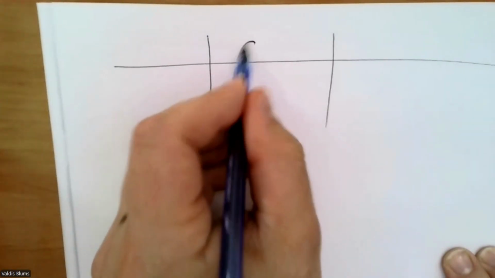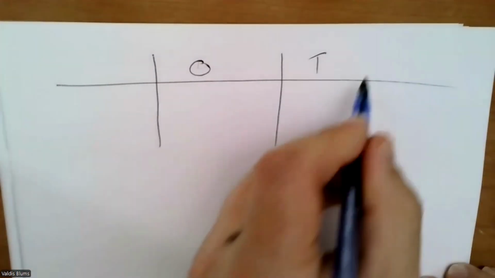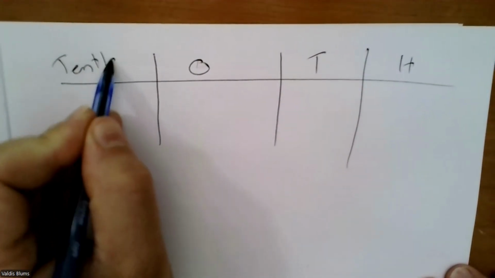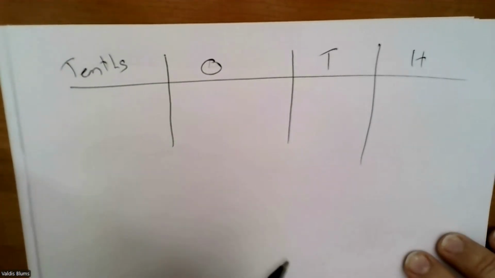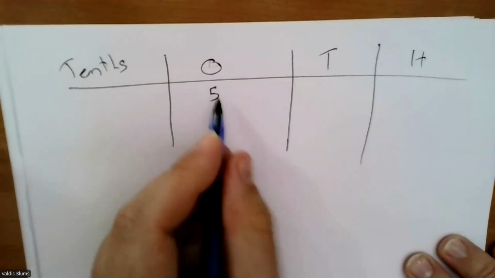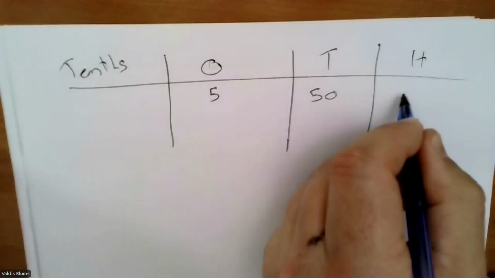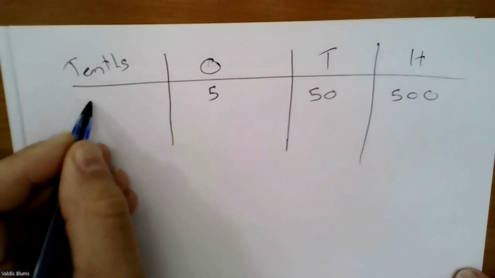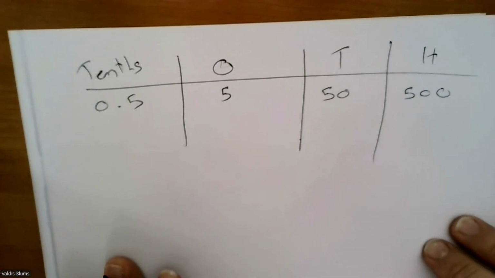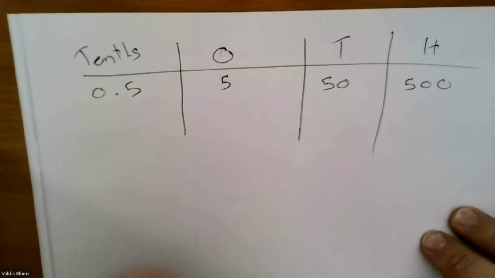You had your ones, your tens, your hundreds, your tenths. Now, if we just pick a number, let's say 5, we're representing it in ones. It's 5, and in tens, we might say 50, hundreds might say 500, and tenths we'll put it as 0.5. It's the same number, but a different order of magnitude.